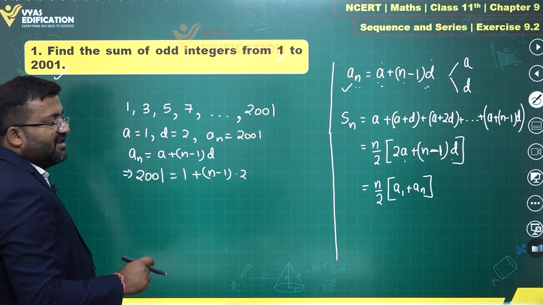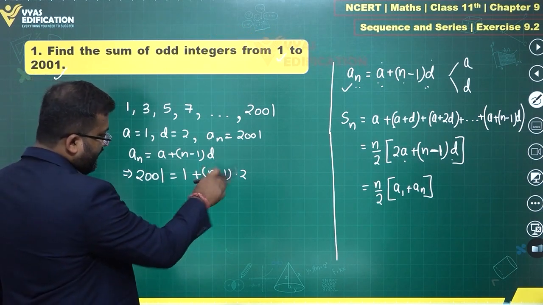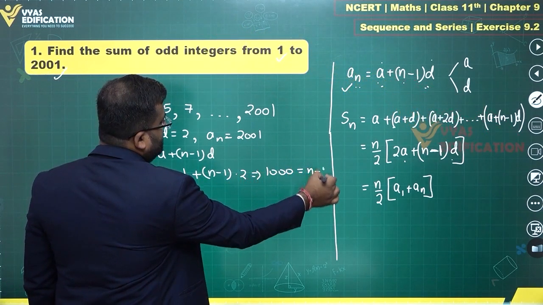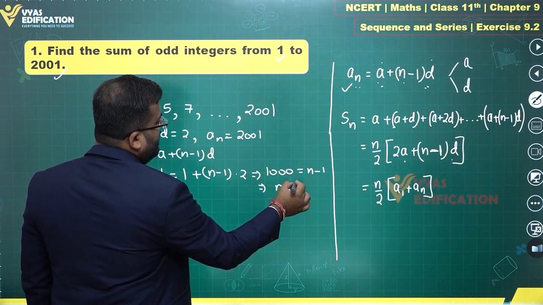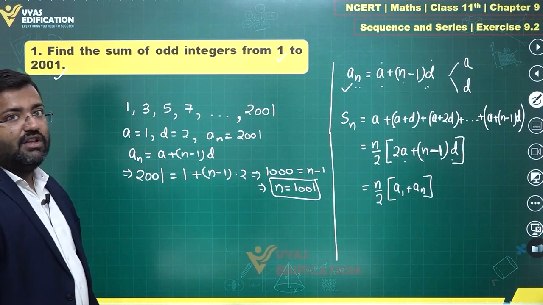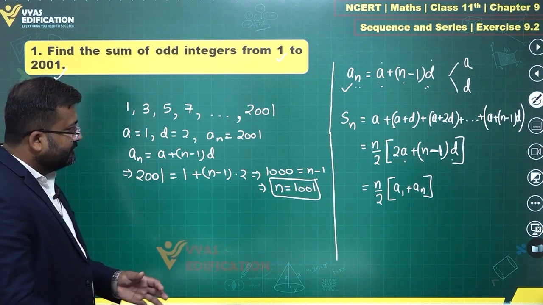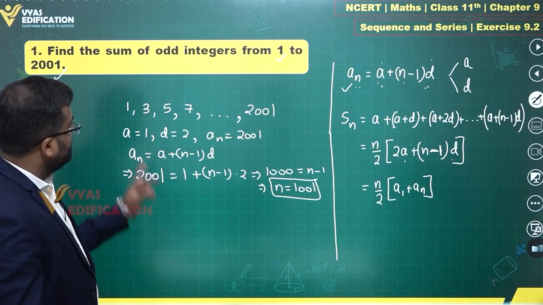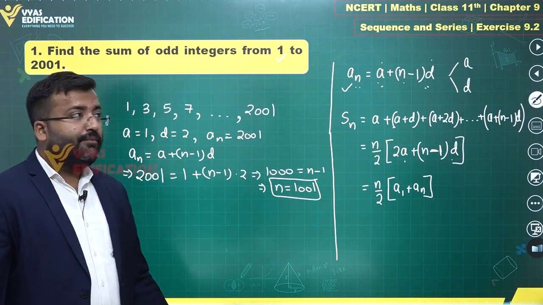So 2001 minus 1 will be 2000, divided by this 2 will be 1000. 1000 is equal to n minus 1, and that tells me n is equal to 1001. Have you found n? Yes, we have found n. That's the number of terms in this sequence over here.